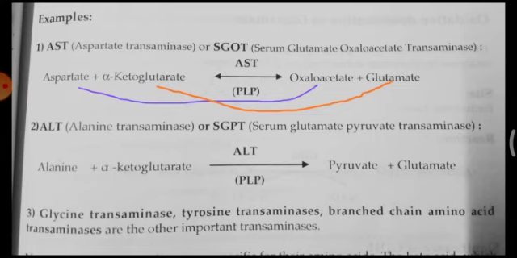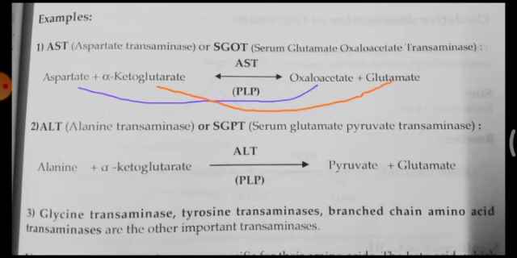So aspartate by loss of NH2, blue line, is converted to a keto acid, that is oxaloacetate. Alpha-ketoglutarate, which is a keto acid, by taking the amino group following the orange color, gives glutamate, that is an amino acid.